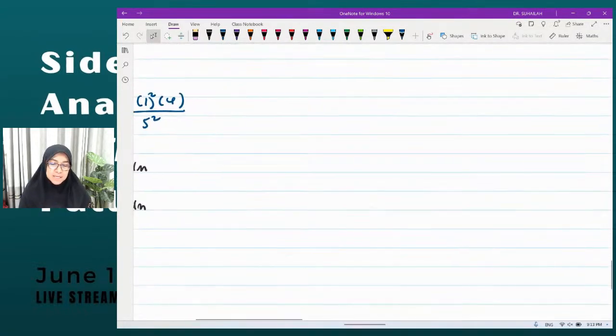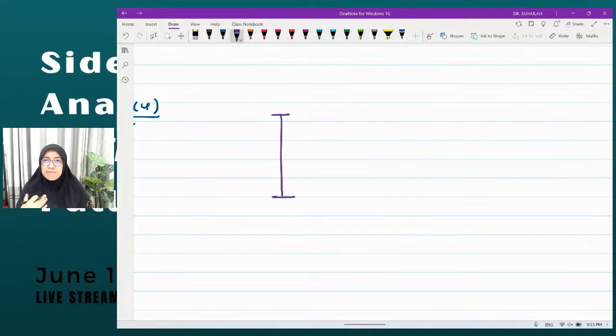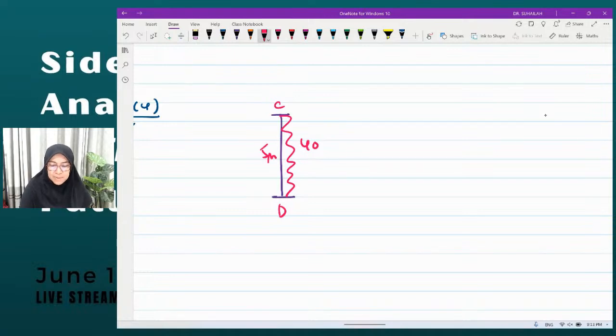Okay, what about CD? For CD, when we calculate FEM, we assume all fixed. We assume all fixed, yeah? So this is C and D, loading 40, and 5 meter. Okay?